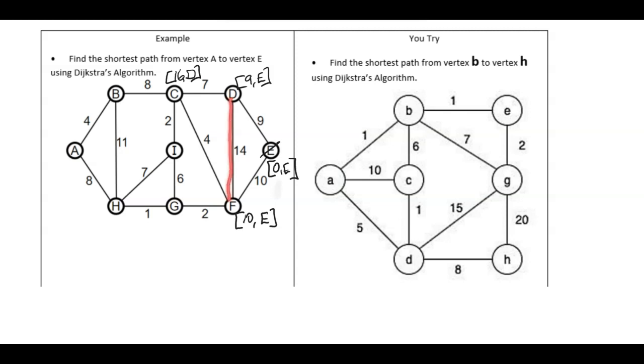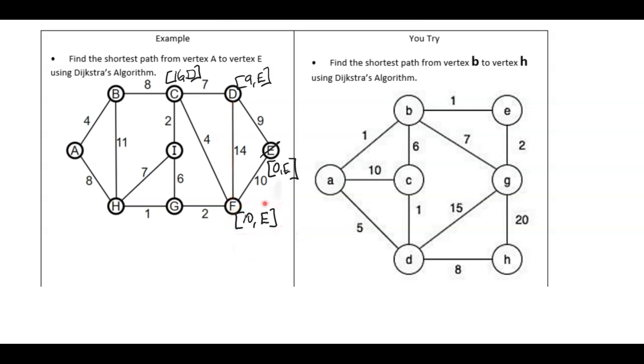Going down to F, we are already at 9, plus 14 would be 23. So that would say 23, through D. However, that isn't as short of a distance as what we already have. And so we don't use that, we stick with what's already there.